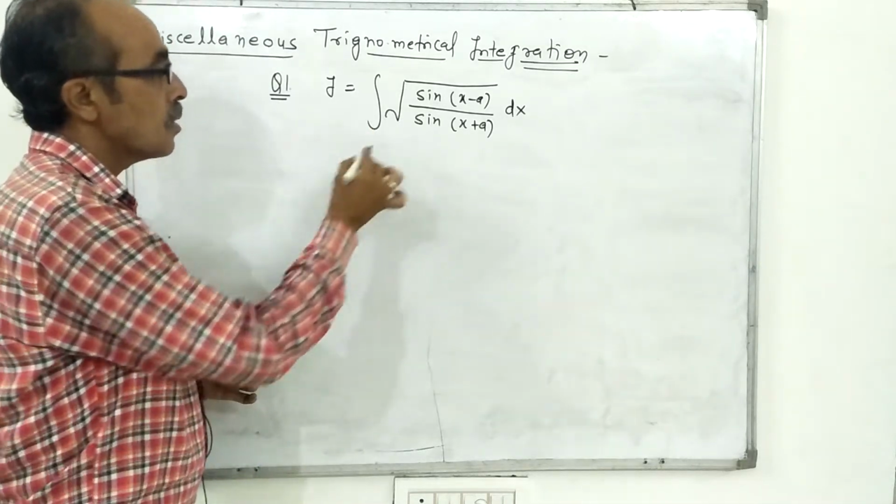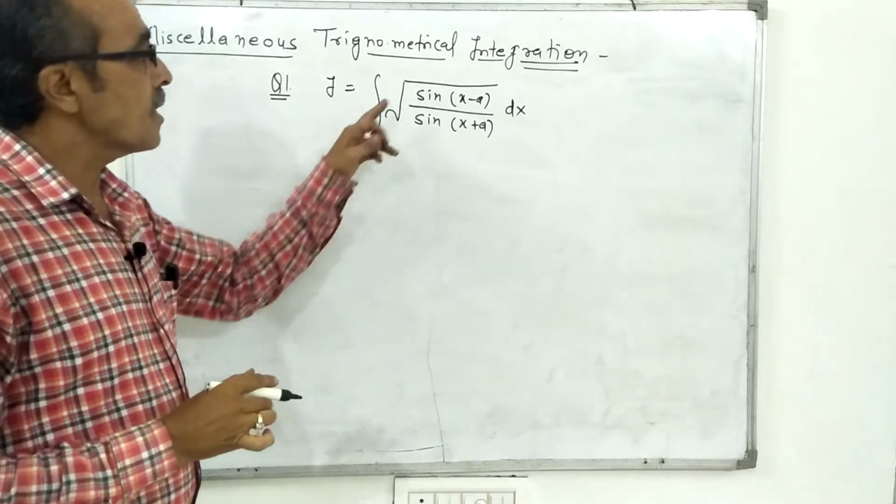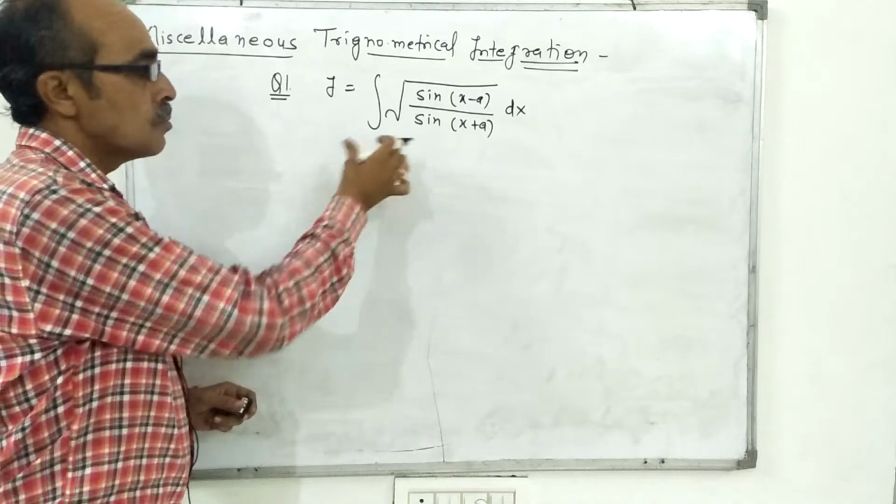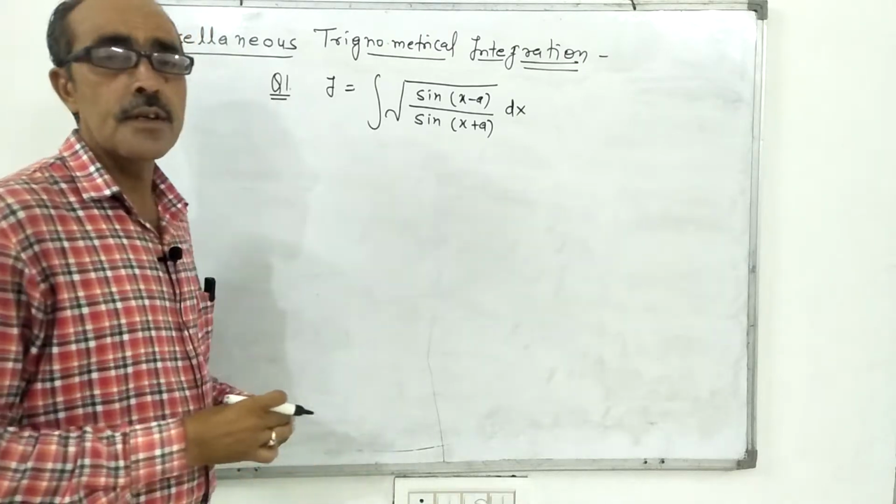At first, we multiply the numerator and the denominator by sin x minus a, so we can get an identity in the denominator.